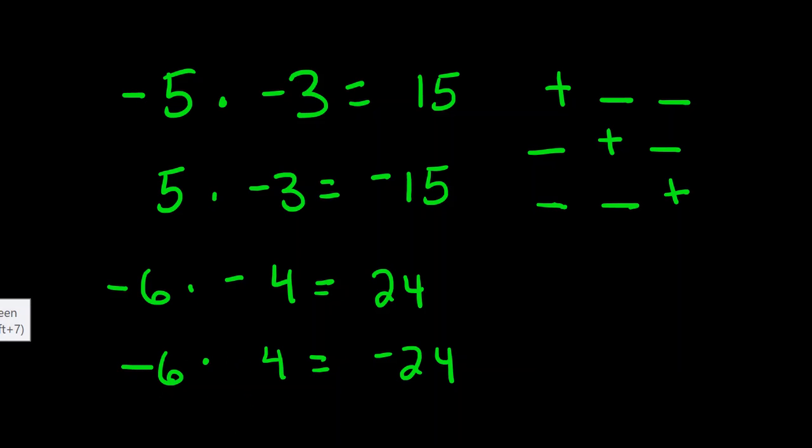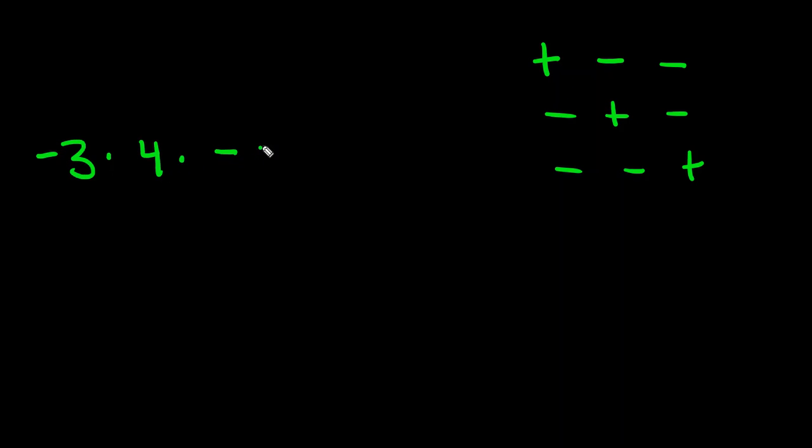Then it becomes, well, what do we do if we have more complex problems? Again, let's draw our tic-tac-toe board, positive on the diagonal, and then negative, negative, negative, negative, negative, negative. Let's say I have this problem here: a -3 times a positive 4 times a -2. Now I've got order of operations coming into play.